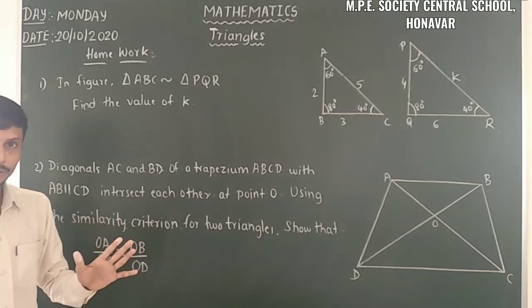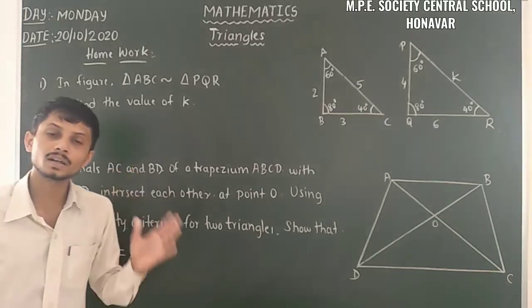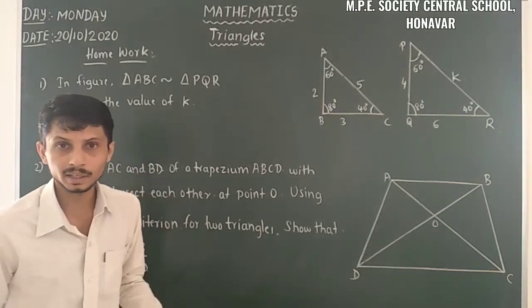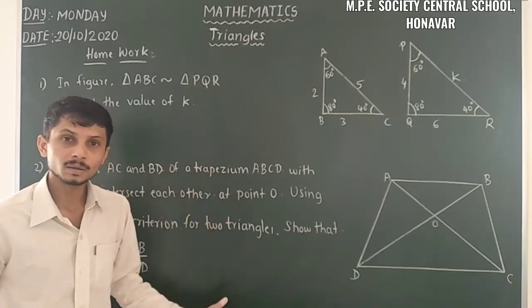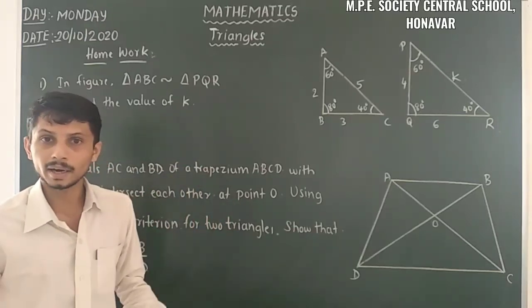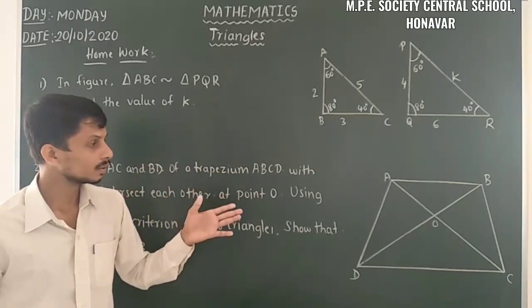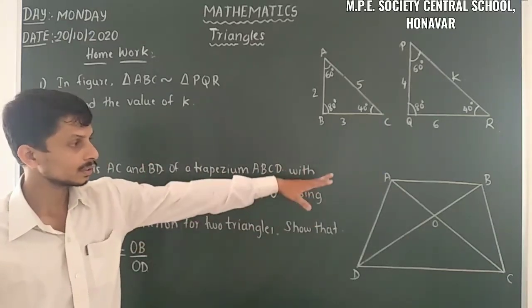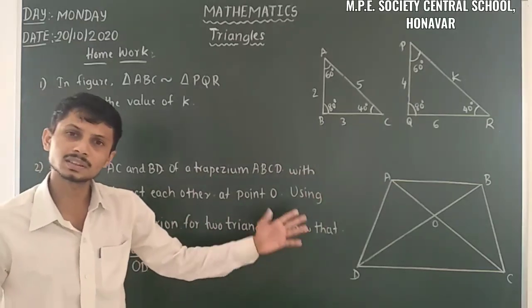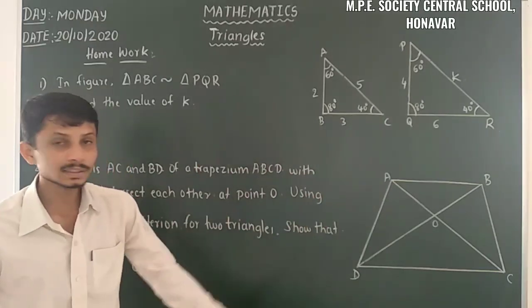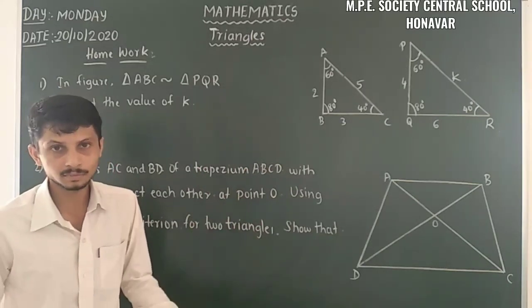What is the possible triangle we can take, and what are the possible criteria? You have to analyze. When AB is parallel to CD, BD is a transversal so some angles are the same, and AC is a transversal so some angles are the same.